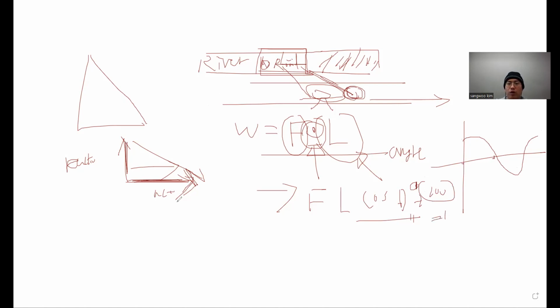For example, if the horse is here, and the boat is here, and the load, our stuff, this is, we say, cosine theta is 0, it's 100%. My force and my L vector, like angle. So 0 means it makes 100% efficiency.